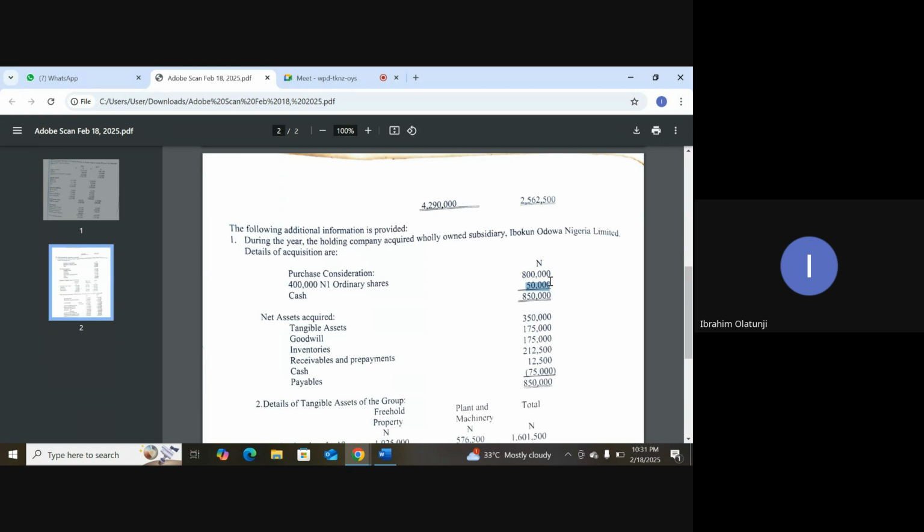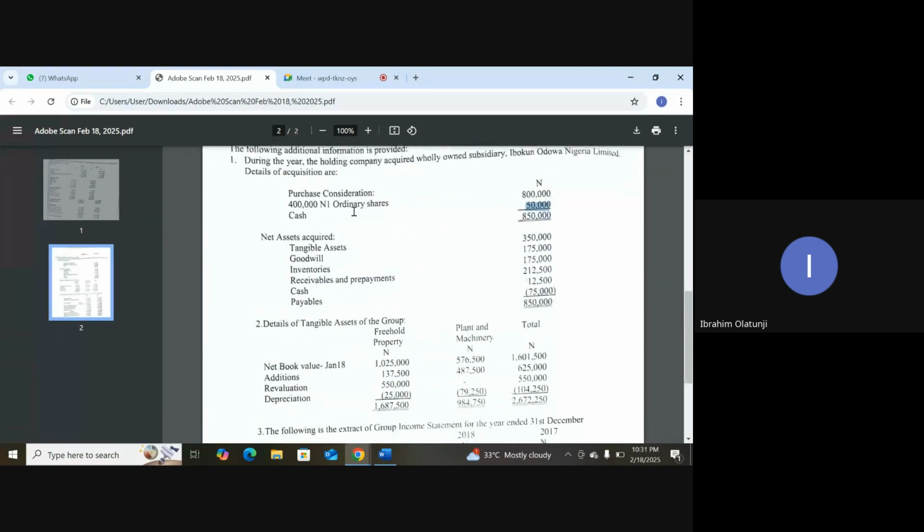And there's a cash payment of 50,000. That's what I'm telling you here. Is it clear now? So cash payment of 50,000. Then we look again and check, look at this here, net asset acquired. So the net asset acquired, there's also cash of what?